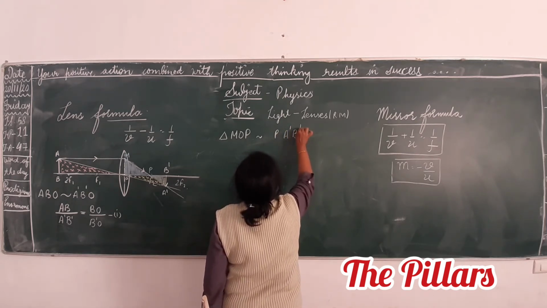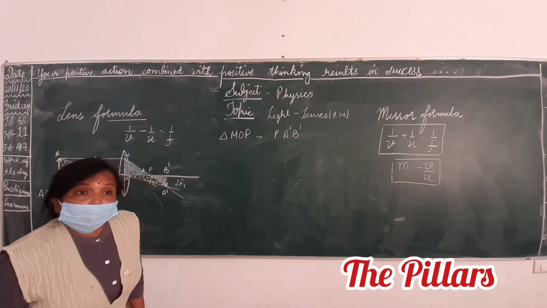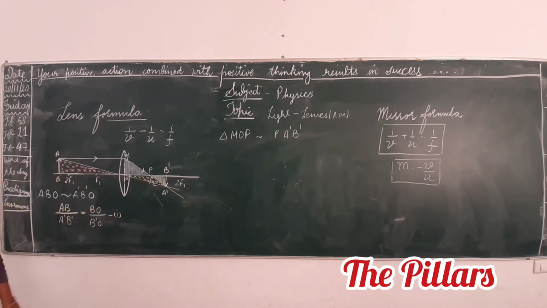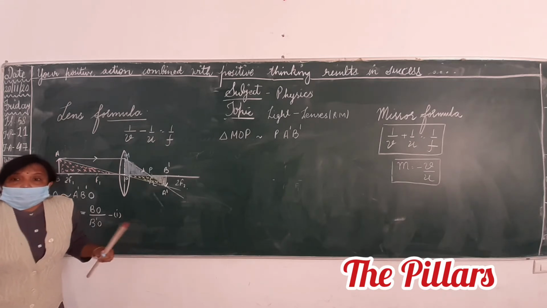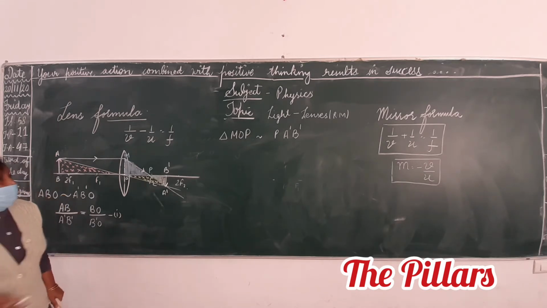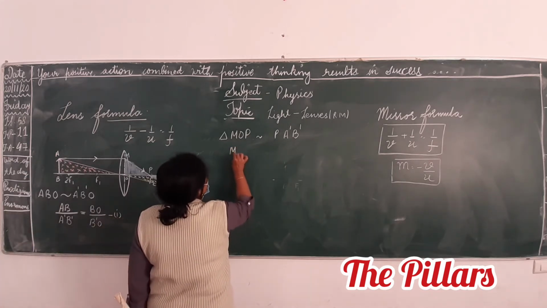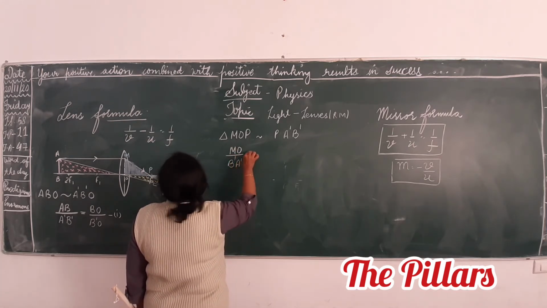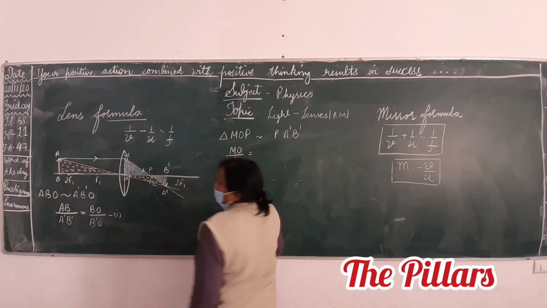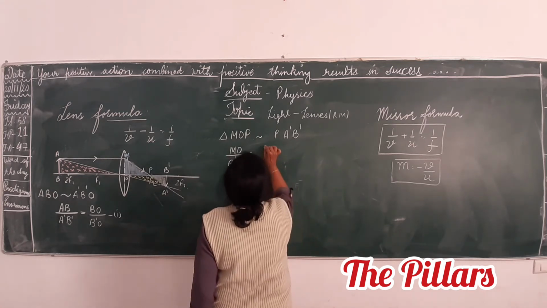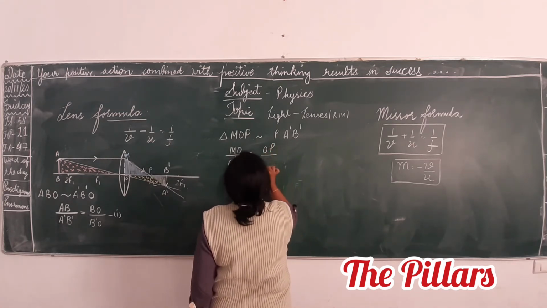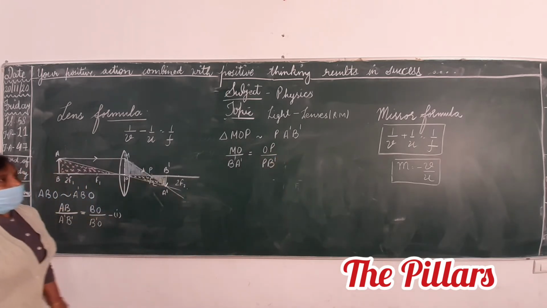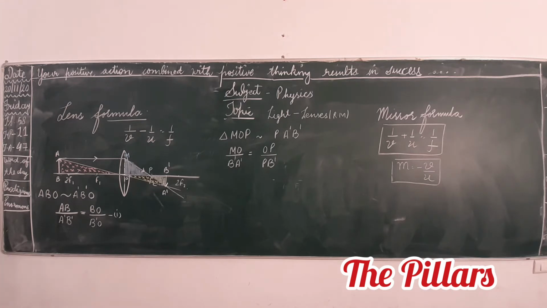If they are similar to each other, then the ratio of the corresponding sides will be equal. Take the corresponding sides: MO upon A dash B dash will be equal to OP upon PB dash.